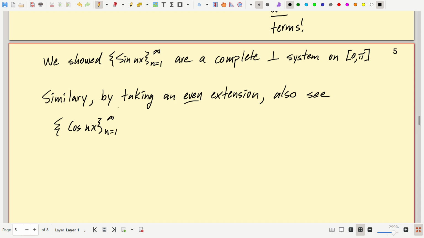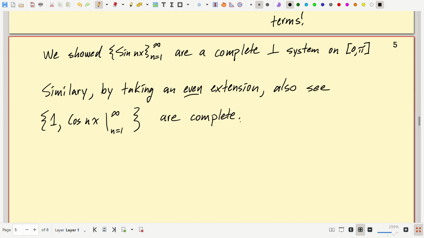Oops, we also need 1 in this case. 1 comma cosine nx, n going from 1 to infinity, are complete. Need the constant term.